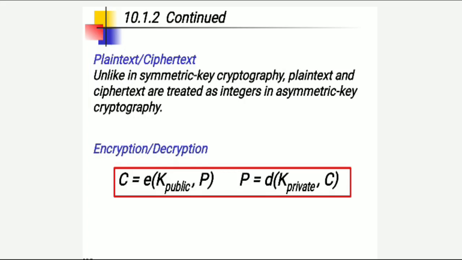The encryption algorithm basically takes two parameters, the public key of the receiver and plain text, and gives cipher text as an output. The decryption algorithm uses two parameters, the private key of the receiver and the received cipher text, and gives plain text as an output.